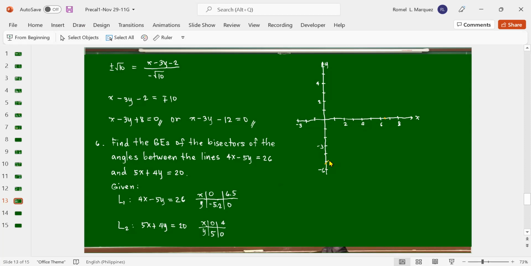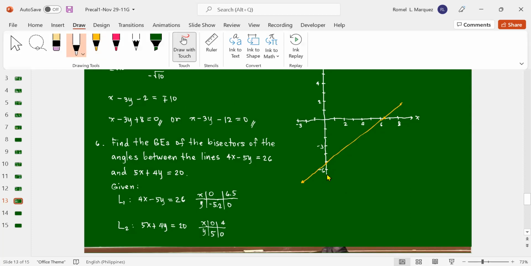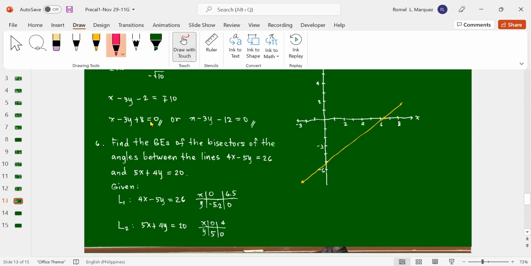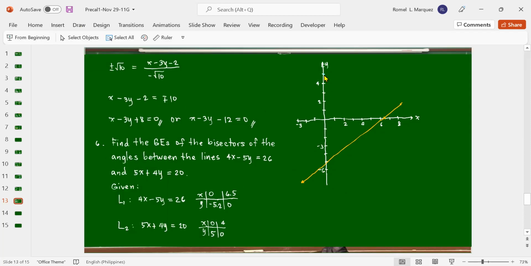So this is the first line. What about the second line? 0, 5, and then 4.